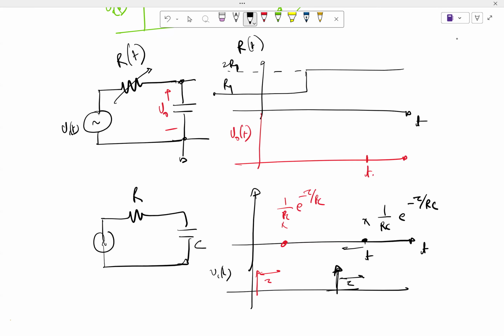I am observing here, and let's say the input has been applied here, tau before. So what should I observe? 1 by 2R1C e power minus tau by 2R1C, if this difference is tau, right?